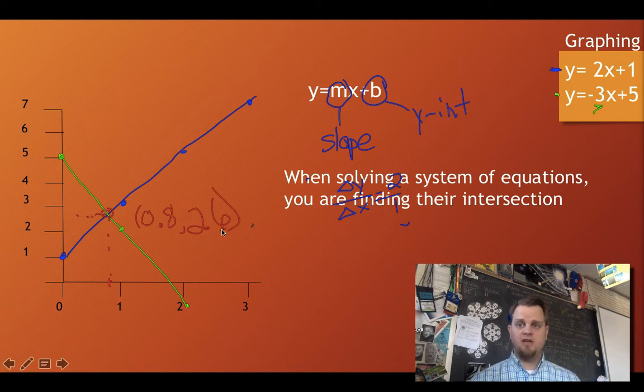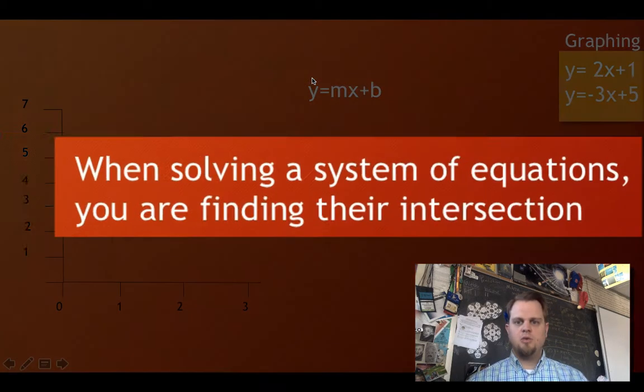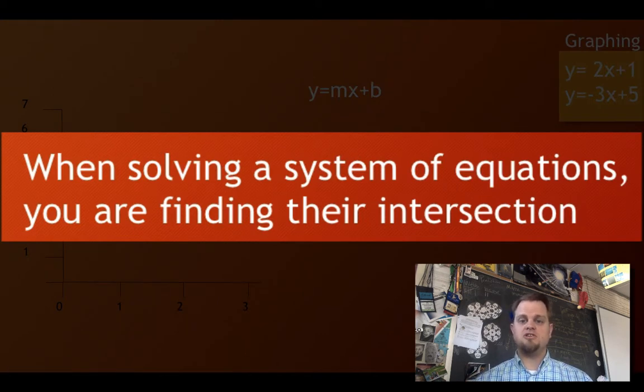That's exactly the same as the solution before. So really all you're doing when you're graphing these, or when you're solving these in y equals mx plus b, is finding this intersection, okay? And that's why, when solving a system of equations, you are finding their intersection. That's the big point.